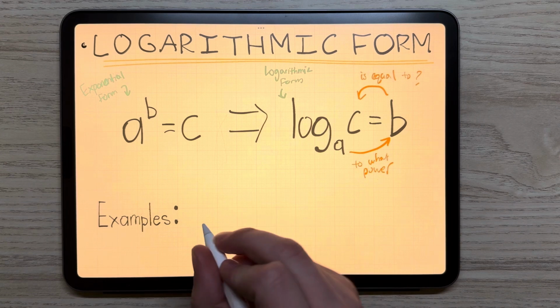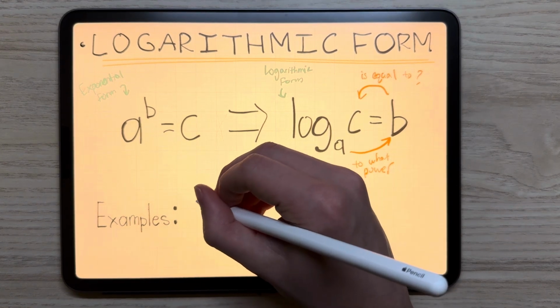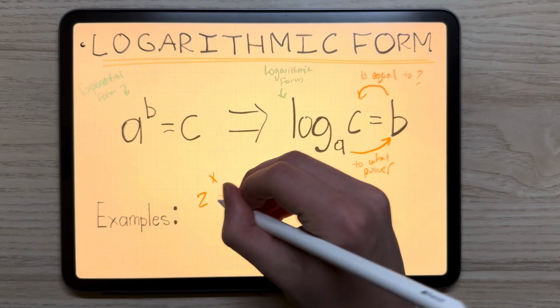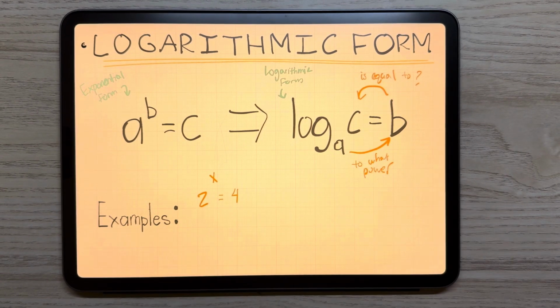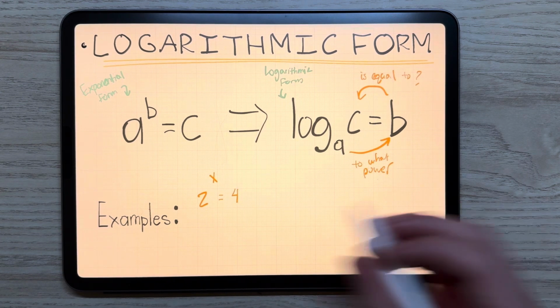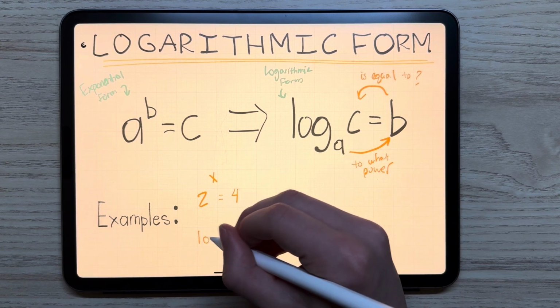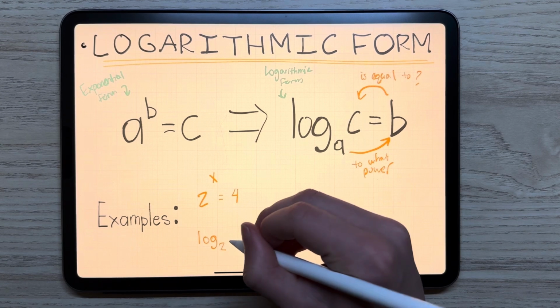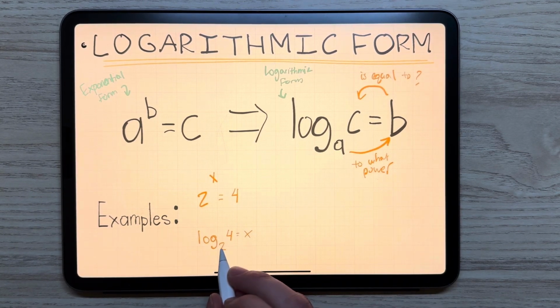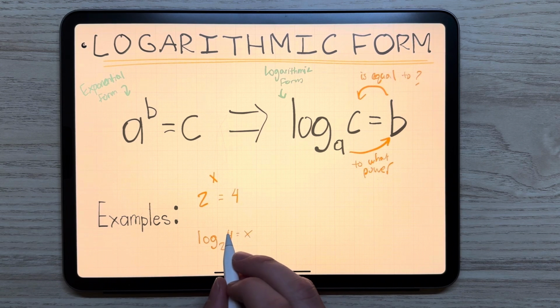So let's do some examples. Let's say we have 2 to the power of x is equal to 4. To solve for x, we can put this in logarithmic form, and that would be log base 2 of 4 is equal to x, because 2 to what power is equal to 4?